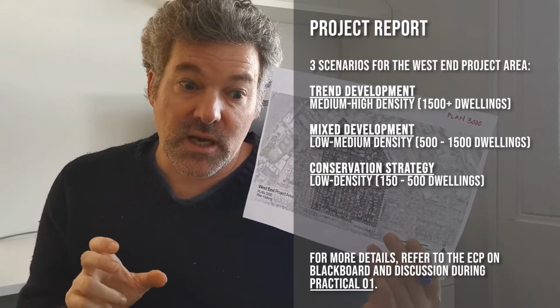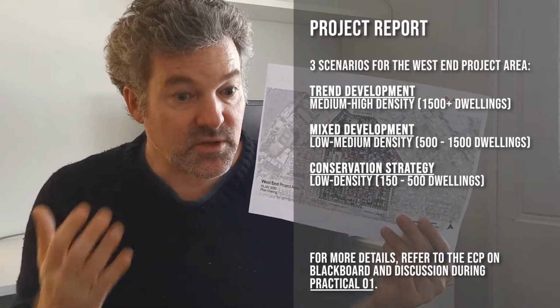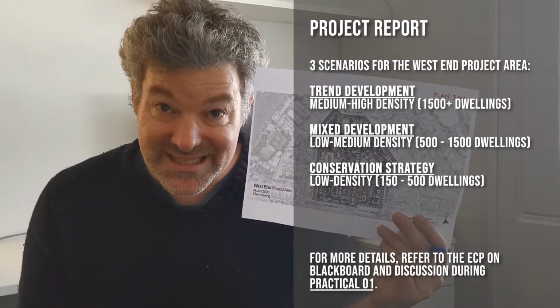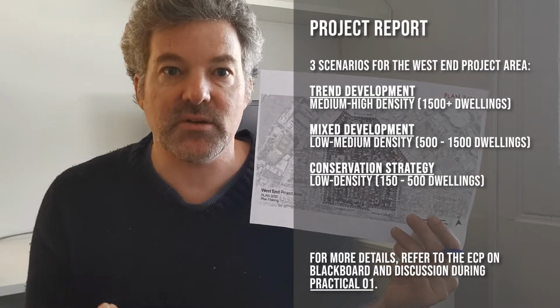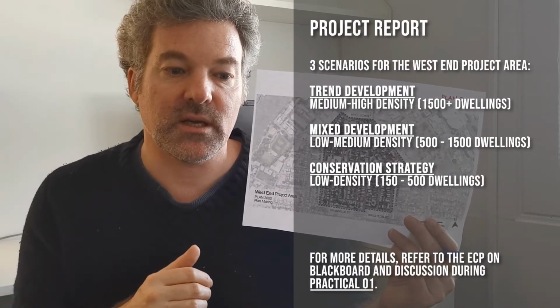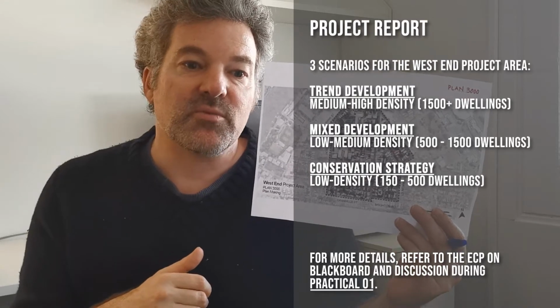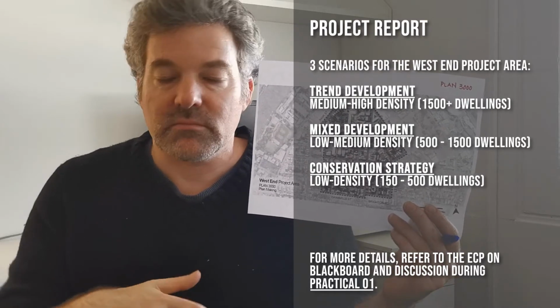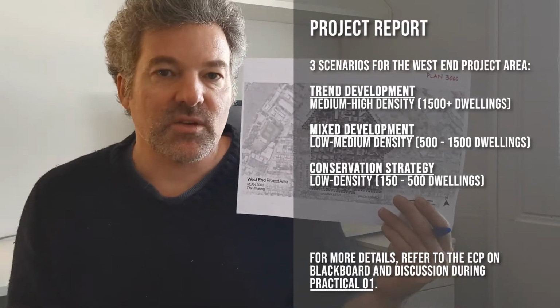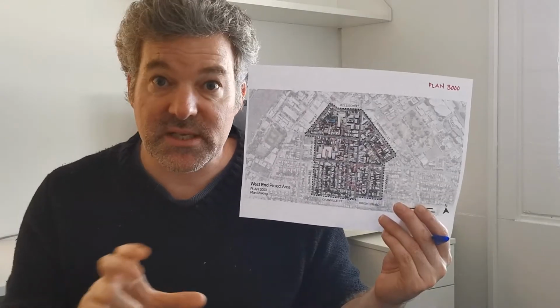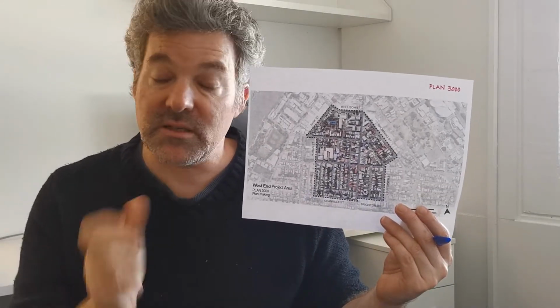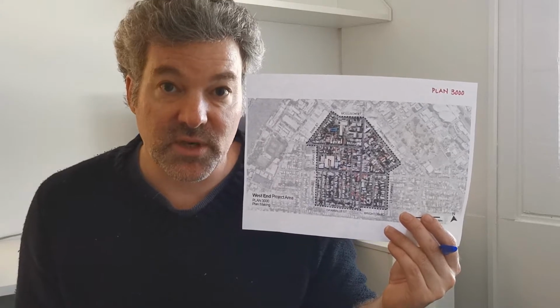Scenario 2 would be a bit more change with a bit of a higher density, and the third scenario is really the current neighborhood plan that we call high density. So you'll have to make a choice between those three scenarios based on your knowledge of the community as well.